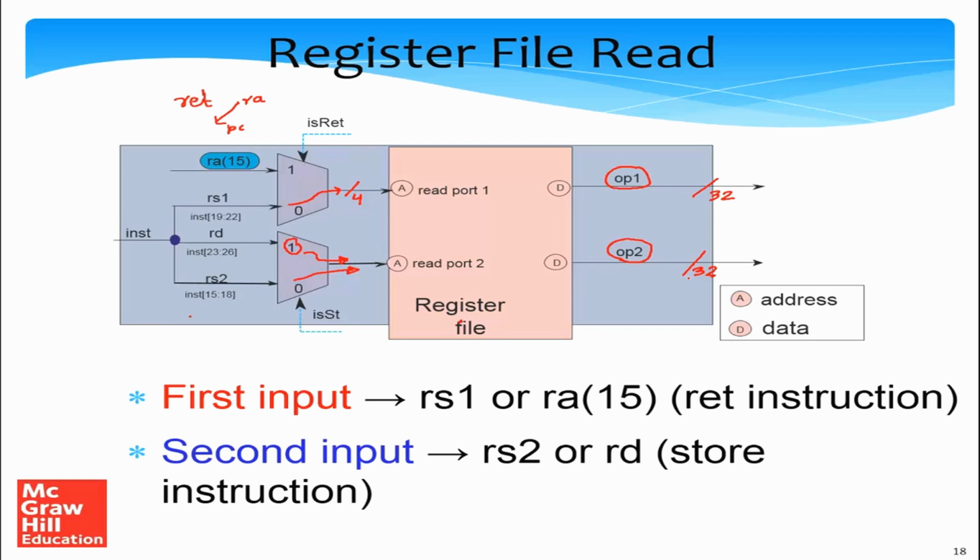That's the reason we have a multiplexer with the isRet signal. Similarly, for read port 2, we have a multiplexer with the isStore signal, which chooses between RD and RS2. If it's a store, RD is the source which needs to be read, and if it's any other ALU instruction, then RS2 is the source that needs to be read. We read from read ports 1 and 2 simultaneously, and the data comes out, referred to as OP1 and OP2 respectively.